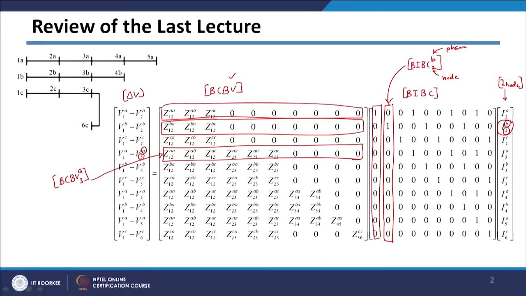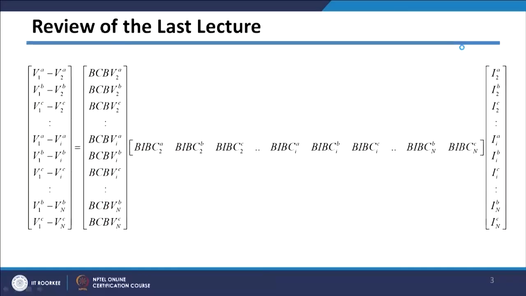So, this BIBC matrix will also be converted into a number of columns, and if you generalize the structure of BCBV and BIBC based load flow analysis, it will be something like this.